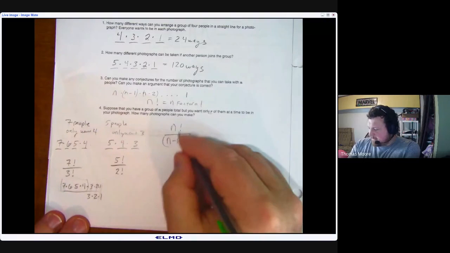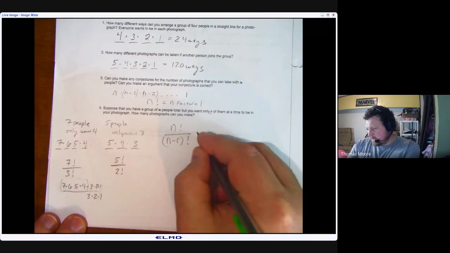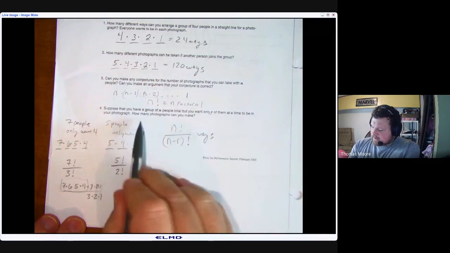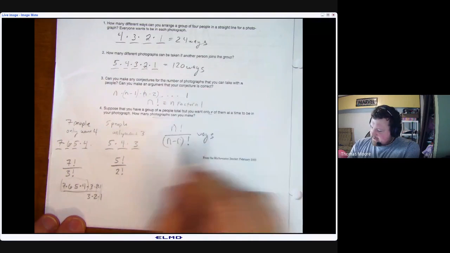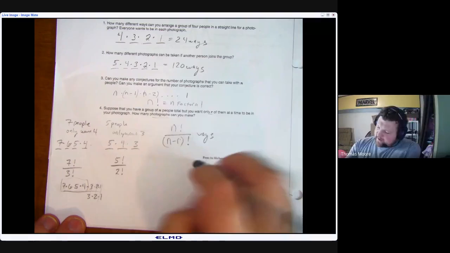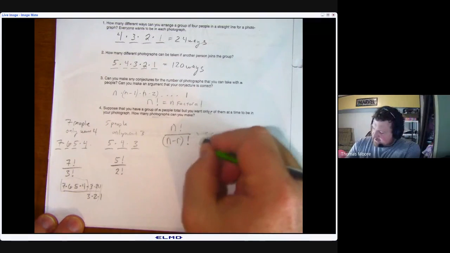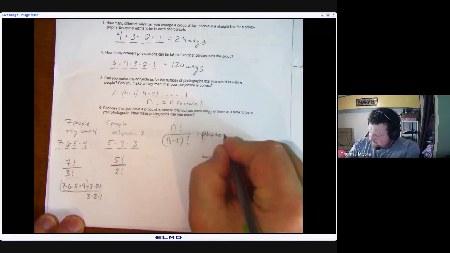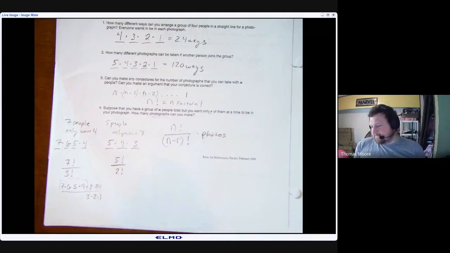So we have n factorial over n minus r factorial ways of doing this. Or how many different photographs can be taken? That's how many different unique photos you can have. Any questions on that?